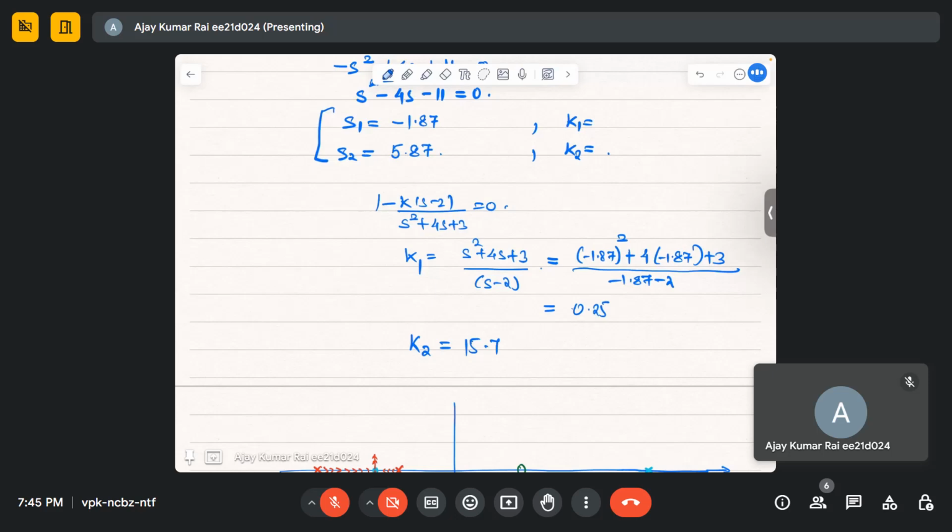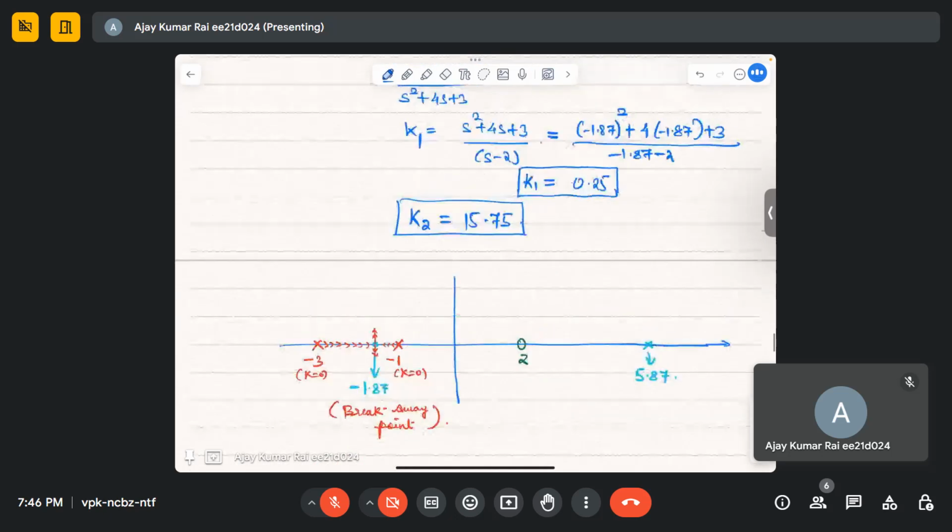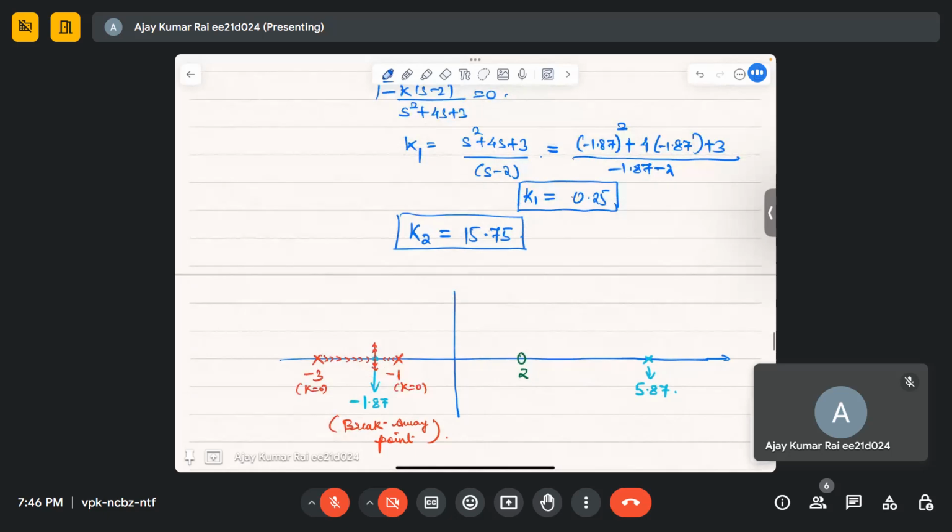I was getting these values and both were positive. So this was K1 and both are coming out to be positive. So I was certain that there exists a break-in and breakaway point. I just have to find out whether that point is break-in or breakaway, right? So we have confirmed that -1.87 is the breakaway point.